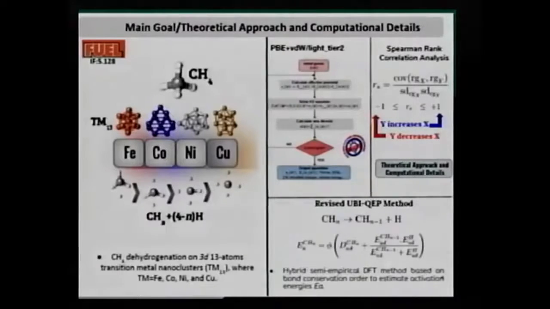Beyond that, we also applied a method called UBI-QEP, which is the unity bond index quadratic exponential potential method, with which, using only the adsorption energies and the dissociation energy in the gas phase, we can estimate the value of the activation energy barriers.